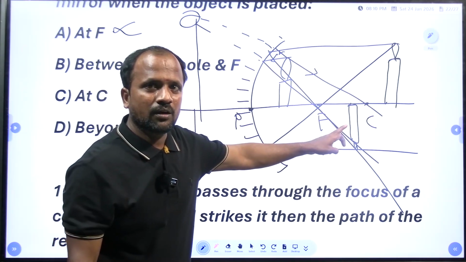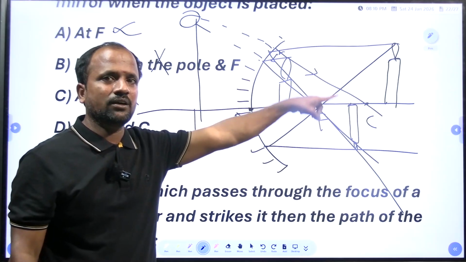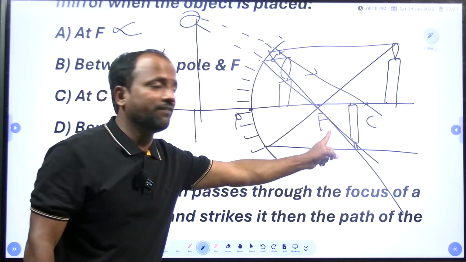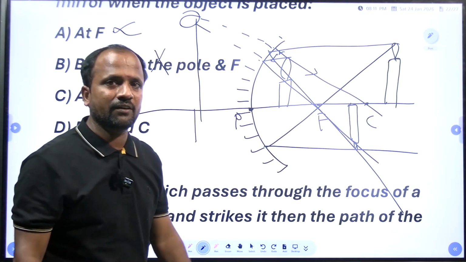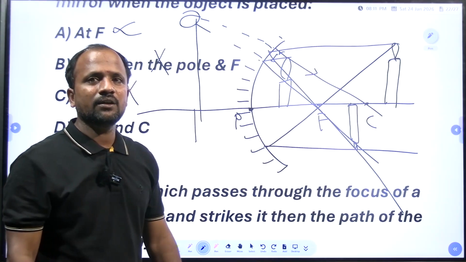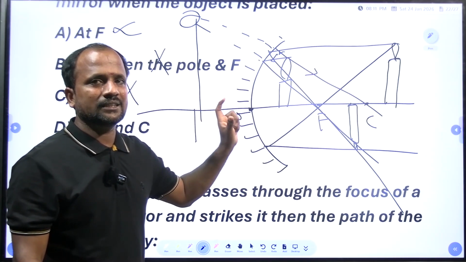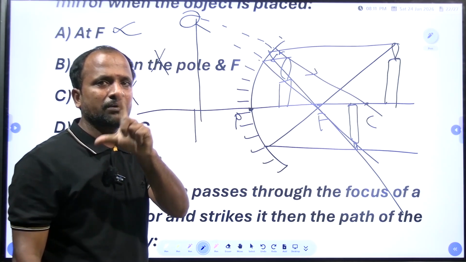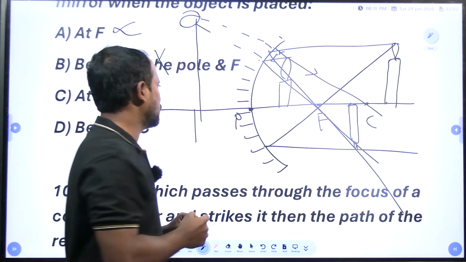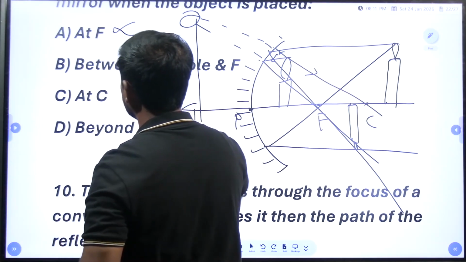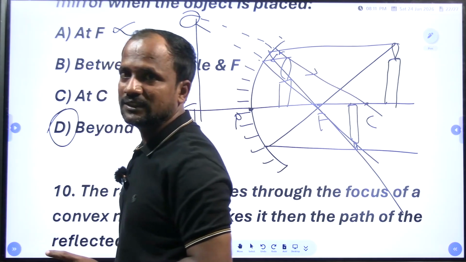If the object is placed beyond C, the image is formed between F and C, and here you get a diminished, small image. So beyond C is the correct answer. Option D is correct.